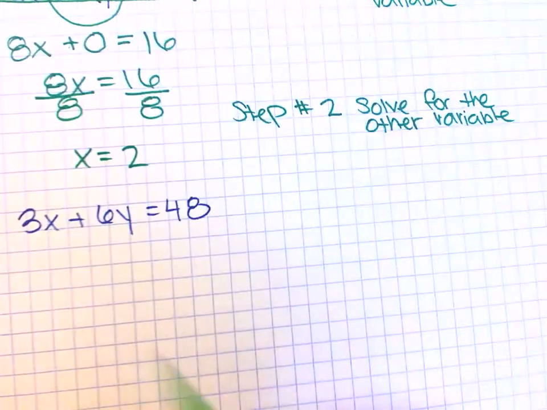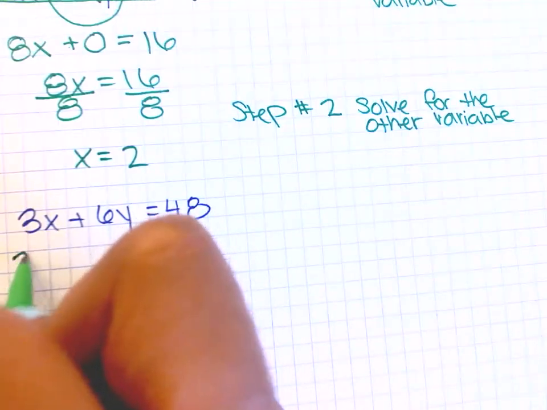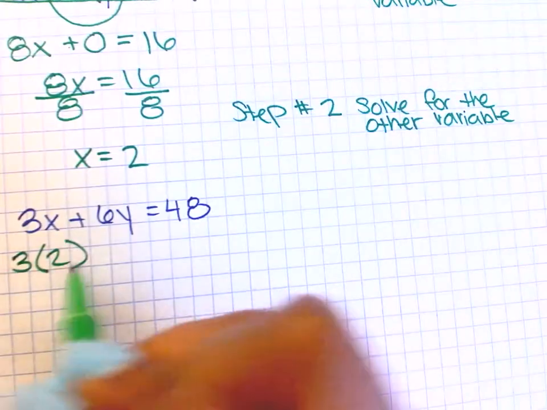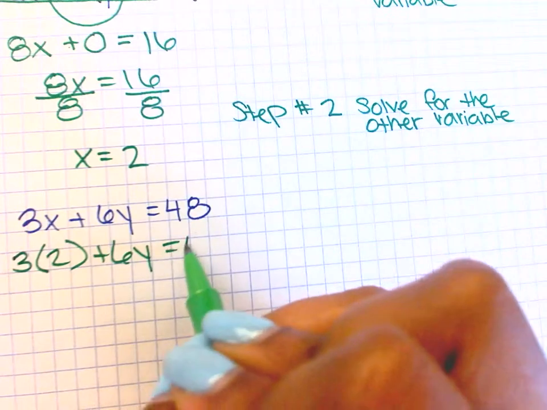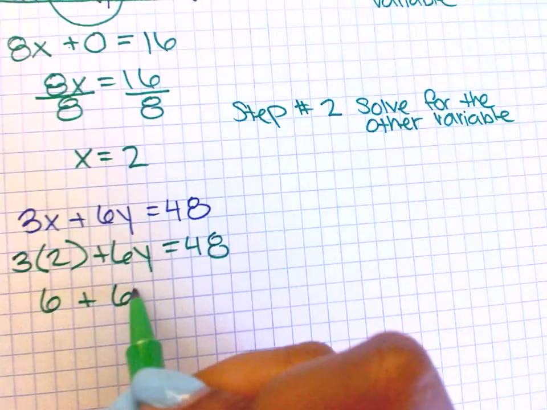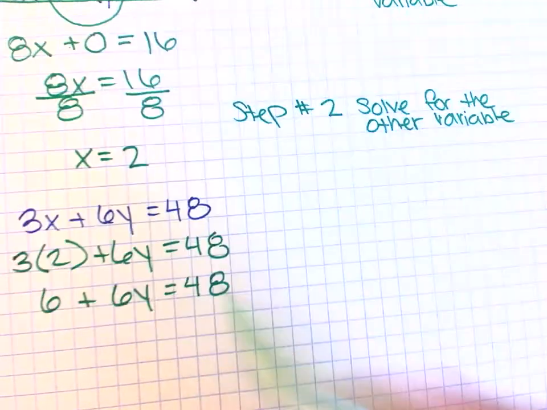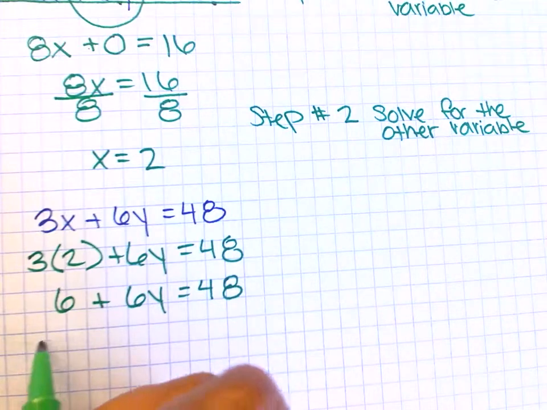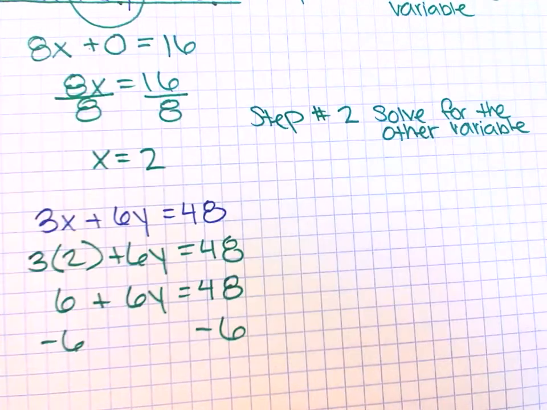So I'm solving for y, excuse me. 3 times x, we found out was 2, plus 6y equals 48. Oh, 3 times 2 is 6, plus 6y equals 48. To get y all by itself, I'm going to subtract 6 from both sides.